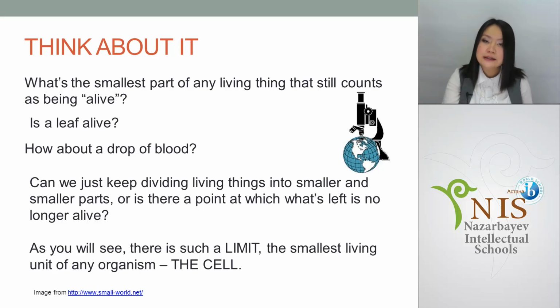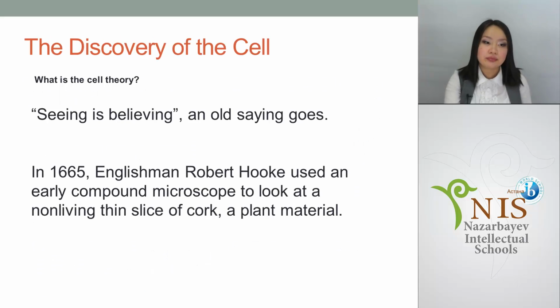And of course, you all know from our lessons that we couldn't divide an organism to the end. It has a limit, and the limit, the unit of living things, is the cell.